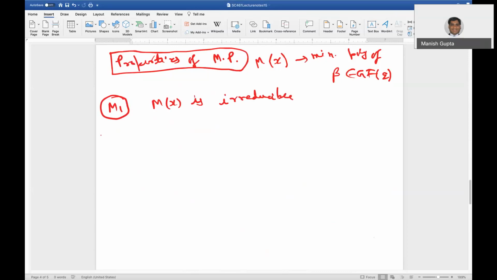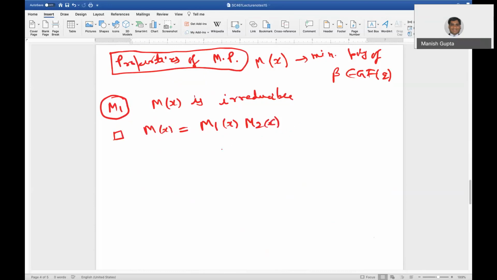The proof is very simple. Suppose m(x) can be written as a product of two polynomials m1(x) and m2(x) of lower degree, right? Then the degree of m1(x) is less than the degree of m(x), and the degree of m2(x) is less than the degree of m(x).